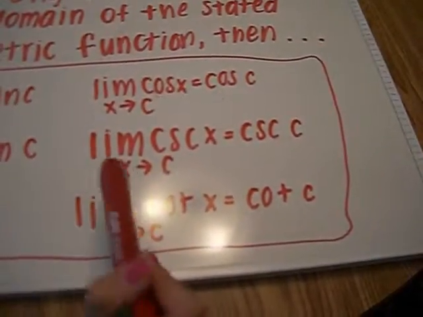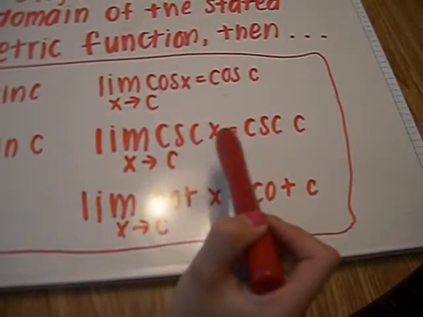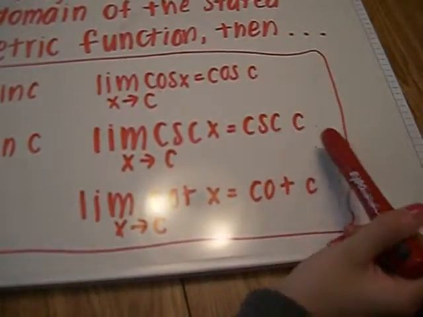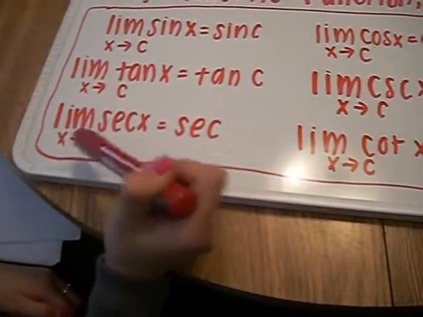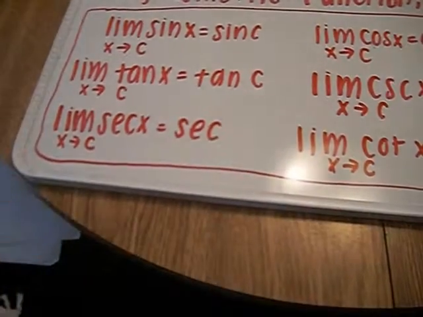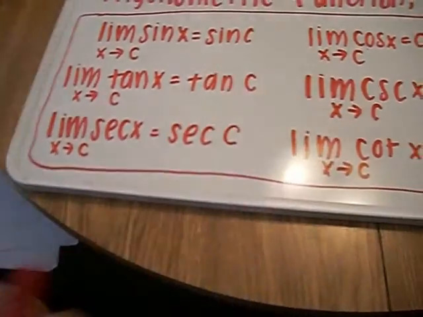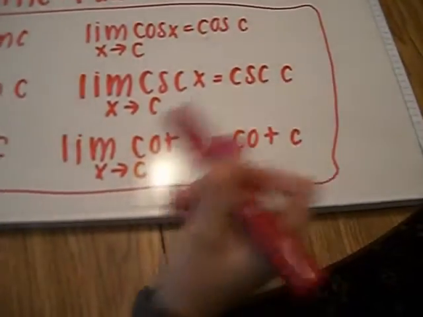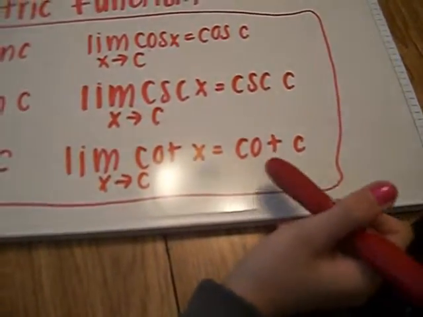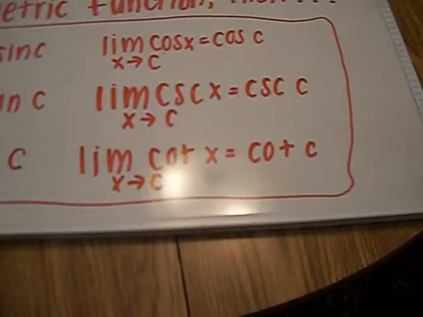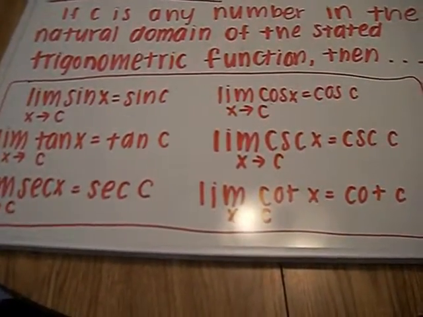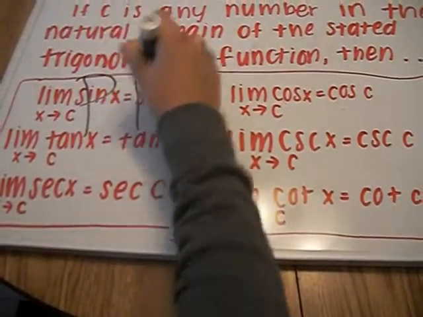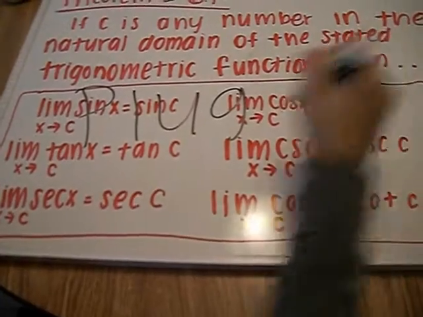The limit as x approaches c of cosecant x equals cosecant c. The limit of secant x as x approaches c equals secant c. The limit as x approaches c of cotangent x equals cotangent c. Do you see a little pattern going on? But in case you don't understand what that means, just remember to plug c in.